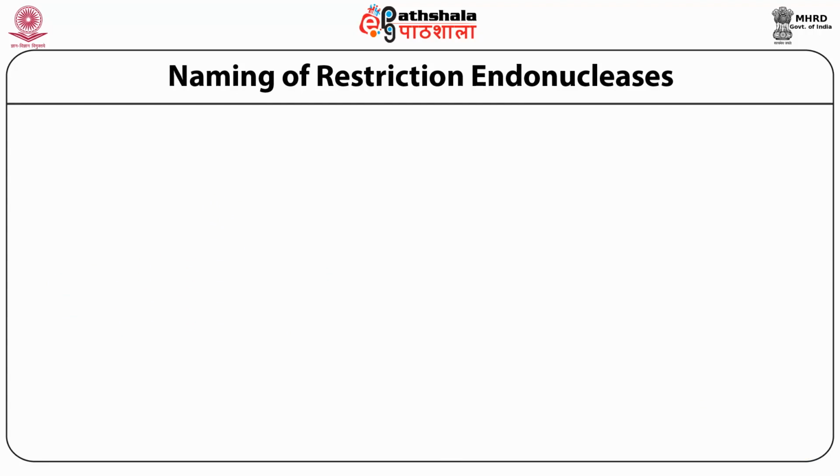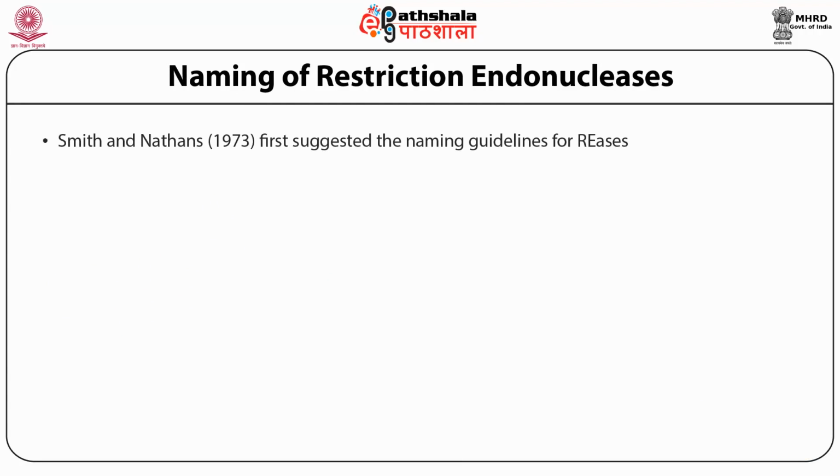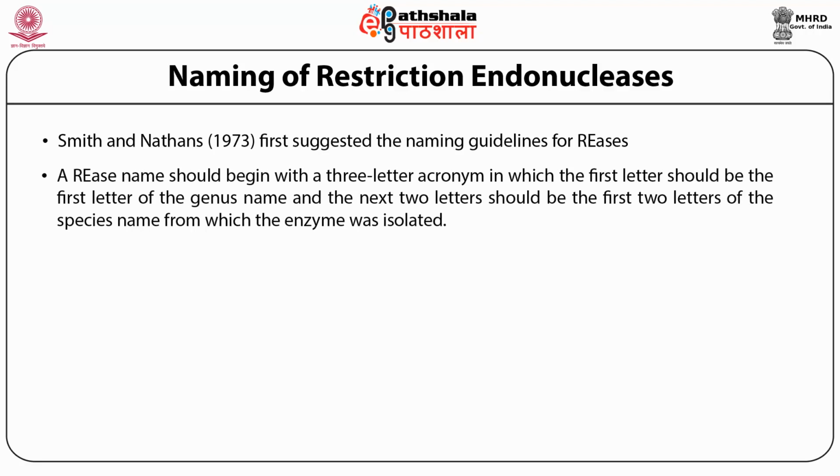Naming of restriction endonucleases. Smith and Nathans in 1973 first proposed and suggested the naming guidelines for REases. They suggested that a REase's name should begin with a three-letter acronym in which the first letter should be the first letter of the genus name and the next two letters should be the first two letters of the species name from which the enzyme was isolated.